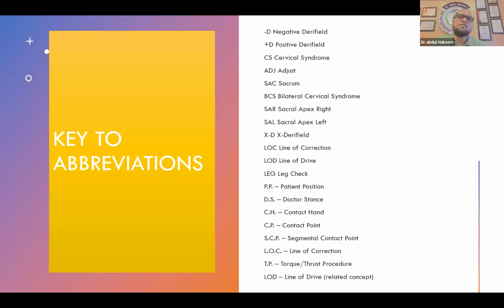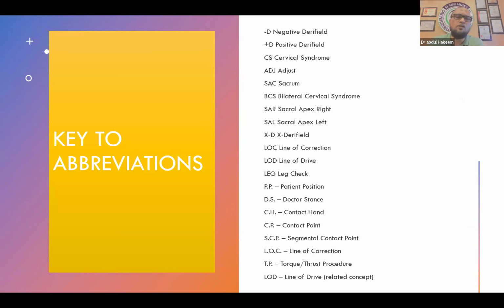In the last class, we discussed key abbreviations: negative Derifield, positive Derifield, CS is cervical syndrome, ADJ stands for adjustment, SAC is sacrum, bilateral cervical syndrome BCS. Here we have to see for external field. LOC and LOD are very important for all of you.